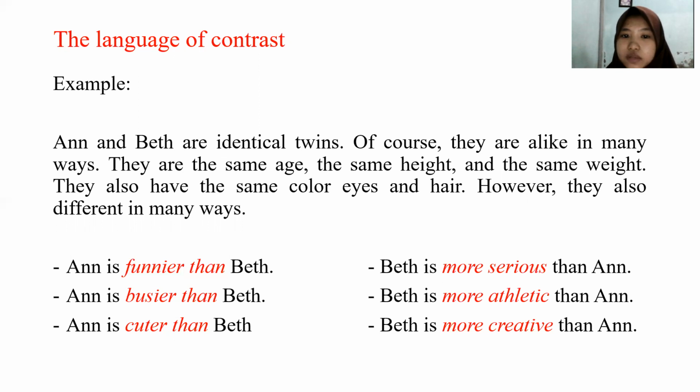However, they also differ in many ways. Ann is funnier than Beth, Ann is busier than Beth, and Ann is cuter than Beth. Then Beth is more serious than Ann, Beth is more athletic than Ann, and Beth is more creative than Ann.